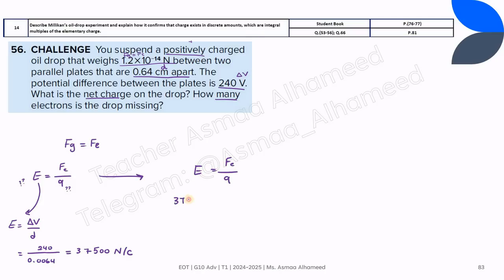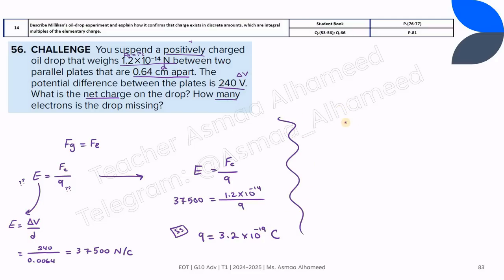So now we have E, this will become E equals Fe divided by Q. Now 37500 equals Fe, which is 1.2 times 10 to power minus 14, over the charge. Now shift solve, and Q will be 3.2 times 10 to power minus 19 Coulomb.